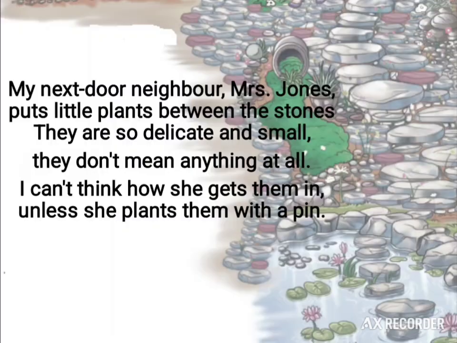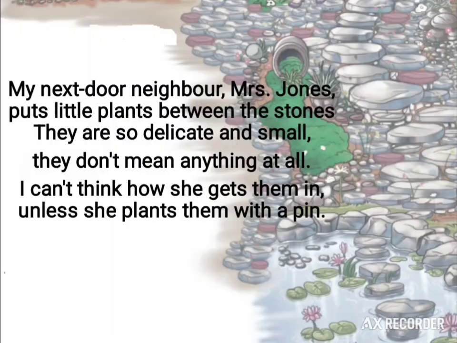Puts little plants between the stones. She has a habit of putting little plants between the stones. They are so delicate and small. They don't mean anything at all. And the plants are so delicate. They are so small that they don't mean anything at all. What is the point of planting such small, delicate plants?